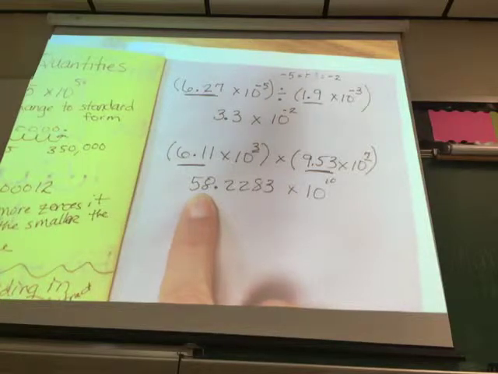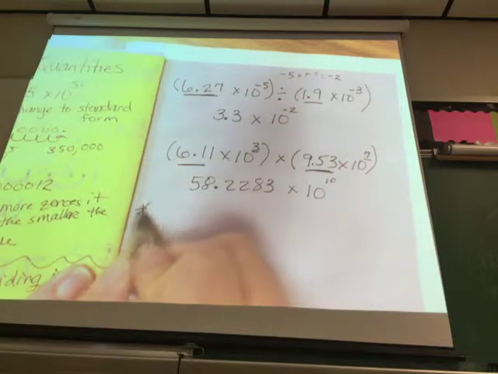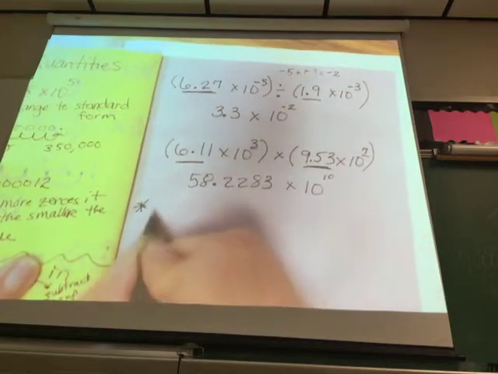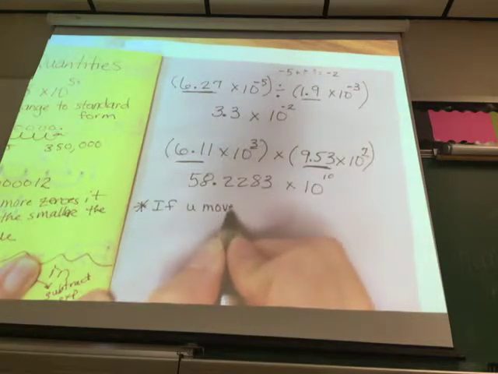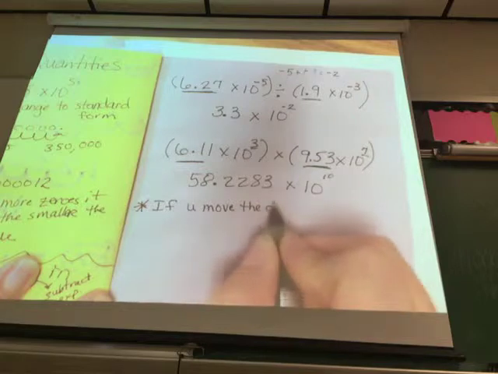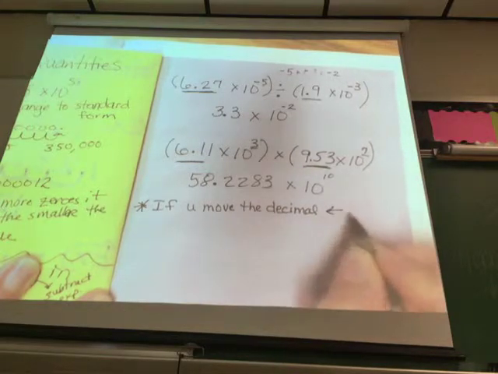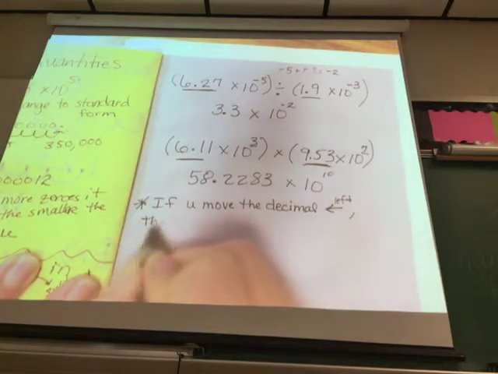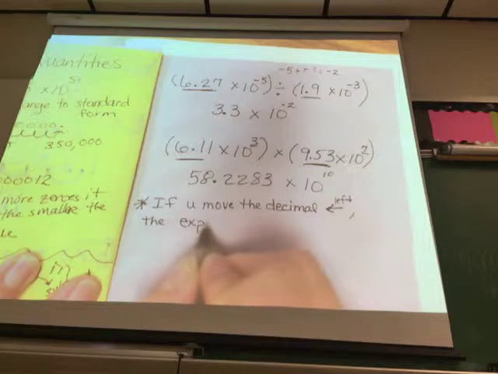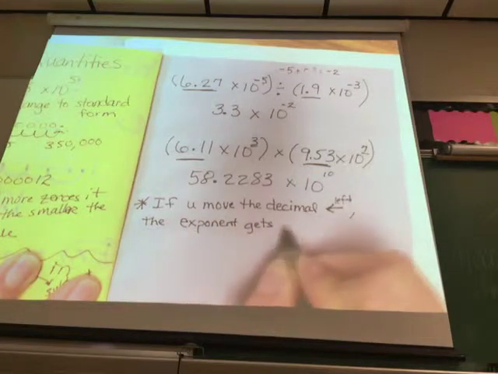Okay? So we're going to put a few little star notes here. These right here will come in handy. If you move the decimal left, the exponent gets larger.